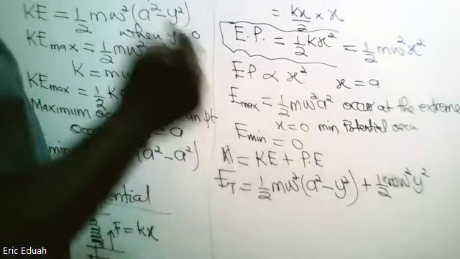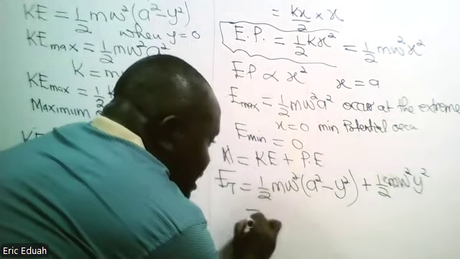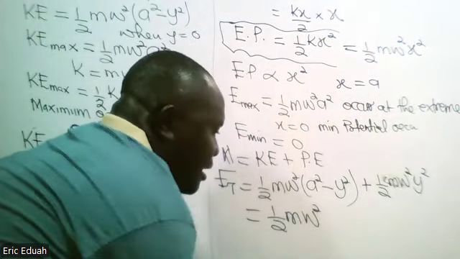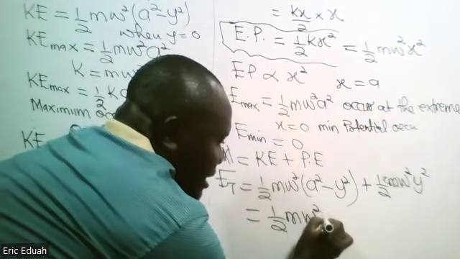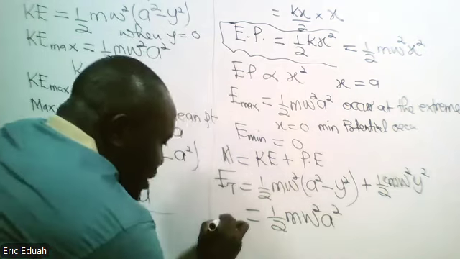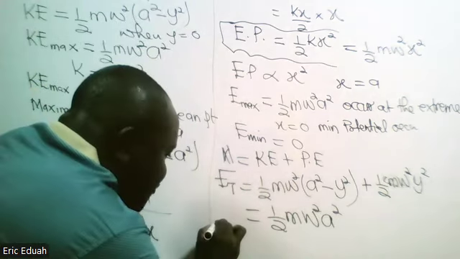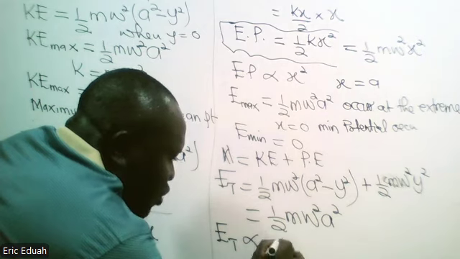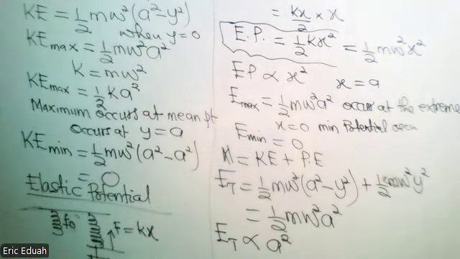Then we add. When we add, we realize that the total energy is given by half m omega squared a squared. So the total energy is a function of the amplitude, the square of the amplitude.